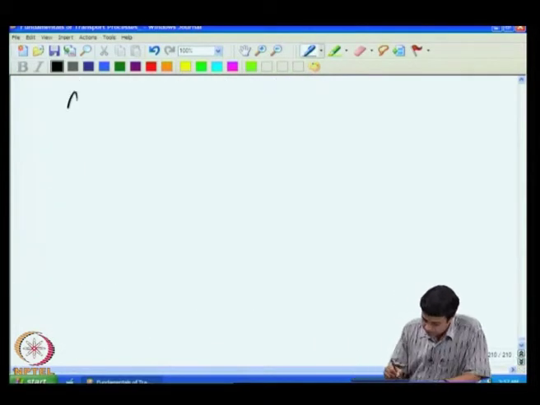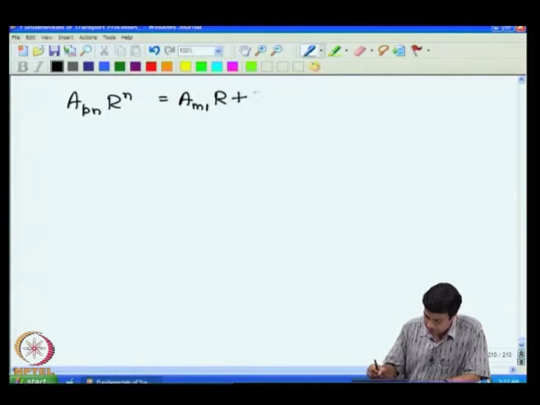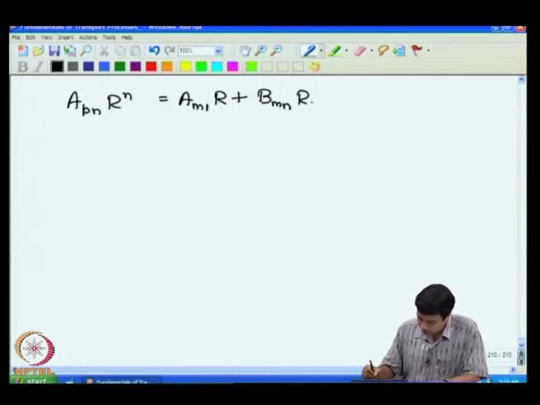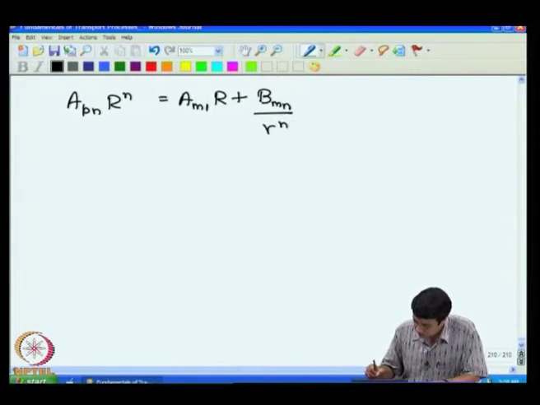I have A_pn r^n is equal to A_m1 r plus B_mn by r^(n+1).